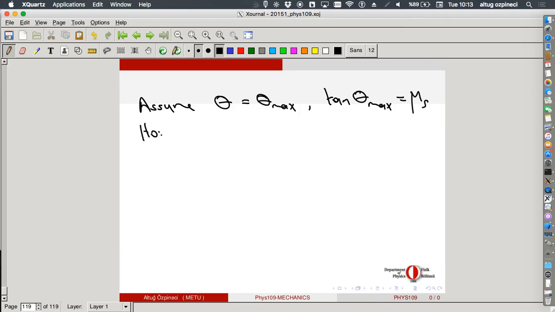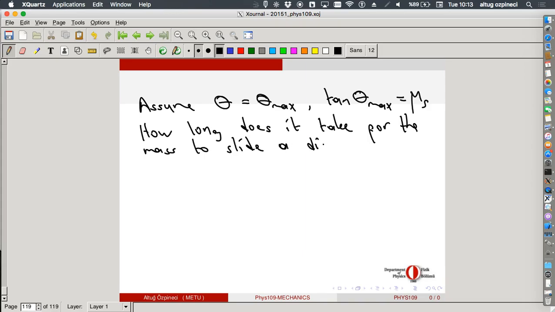Now the question is, how long does it take for the mass to slide a distance L. So this is our next question.